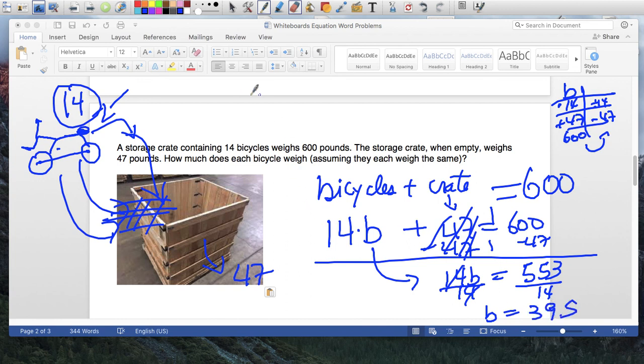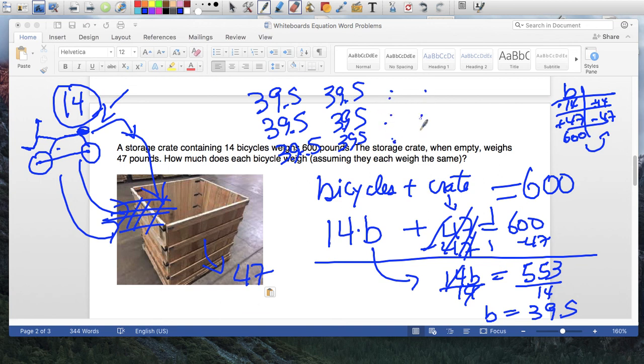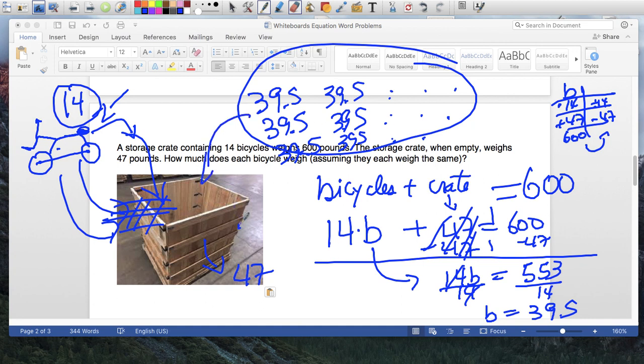So each bicycle is 39.5 pounds. We're going to do this 14 times, so 14 in here, plus the crate is 47, and that total is going to be 600 pounds. Okay?